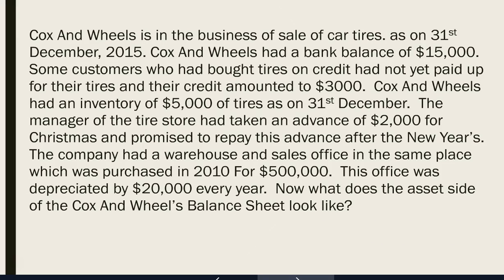Cox and Wheels is in the business of sale of car tires as on 31st December 2015. Cox and Wheels had a bank balance of $15,000. Some customers who had bought tires on credit had not yet paid up for their tires, and their credit amounted to $3,000. Cox and Wheels had an inventory of $5,000 of tires as on 31st December.